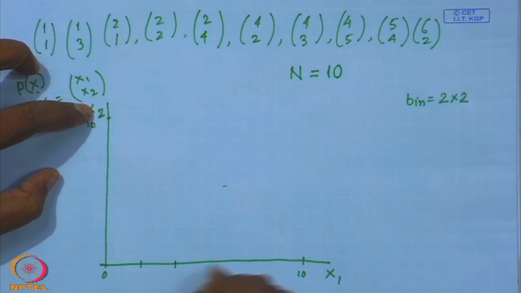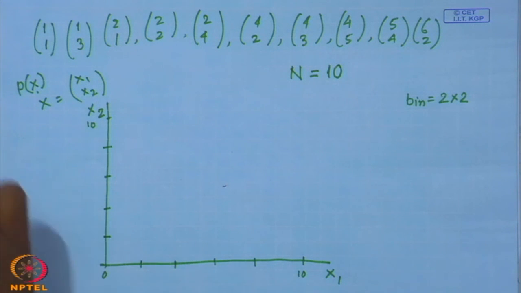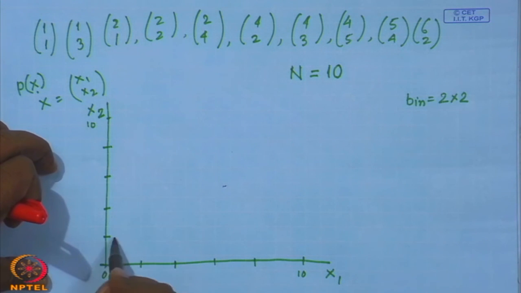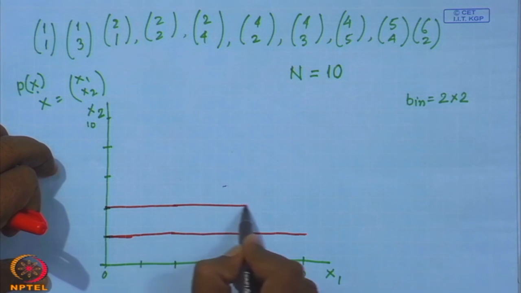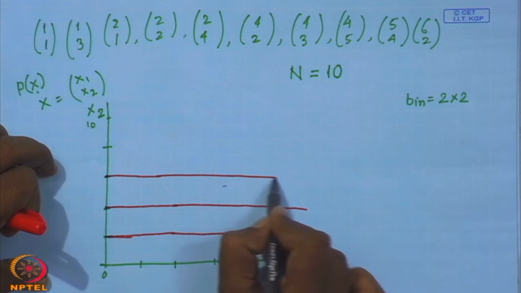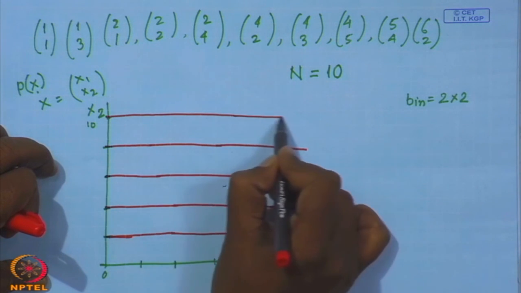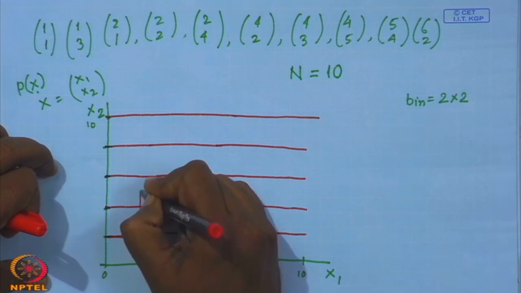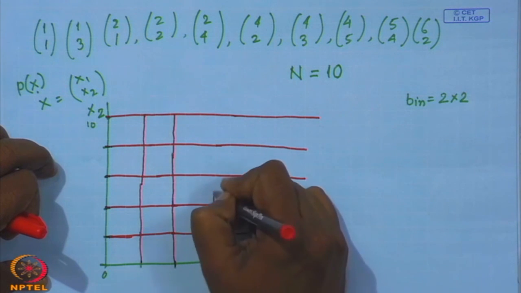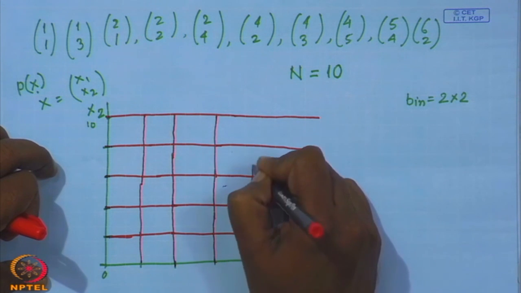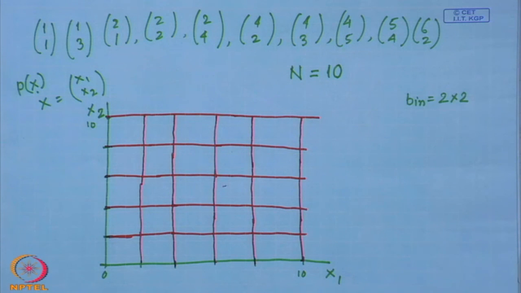Effectively, I am dividing this space into 5 into 5, that is 25 rectangular bins. So, these are the bins in the two dimensional space.